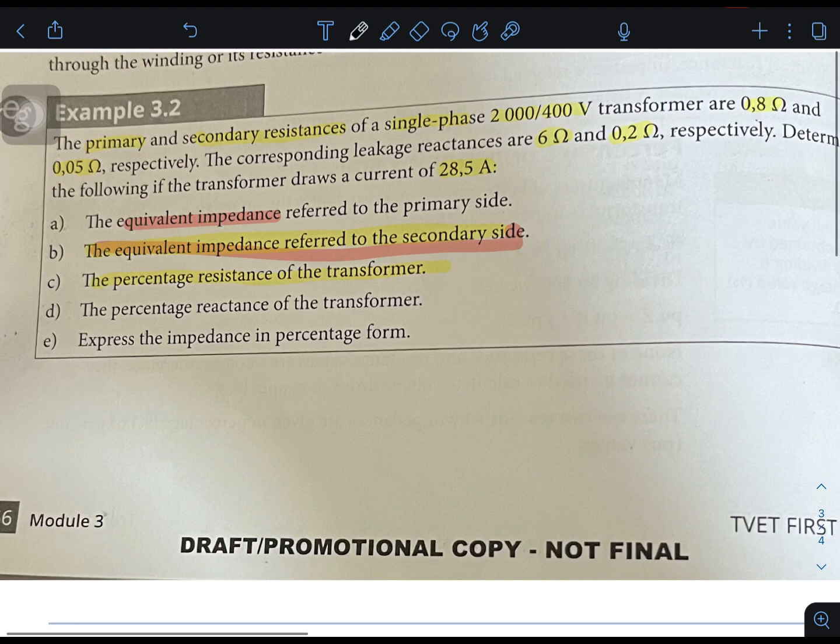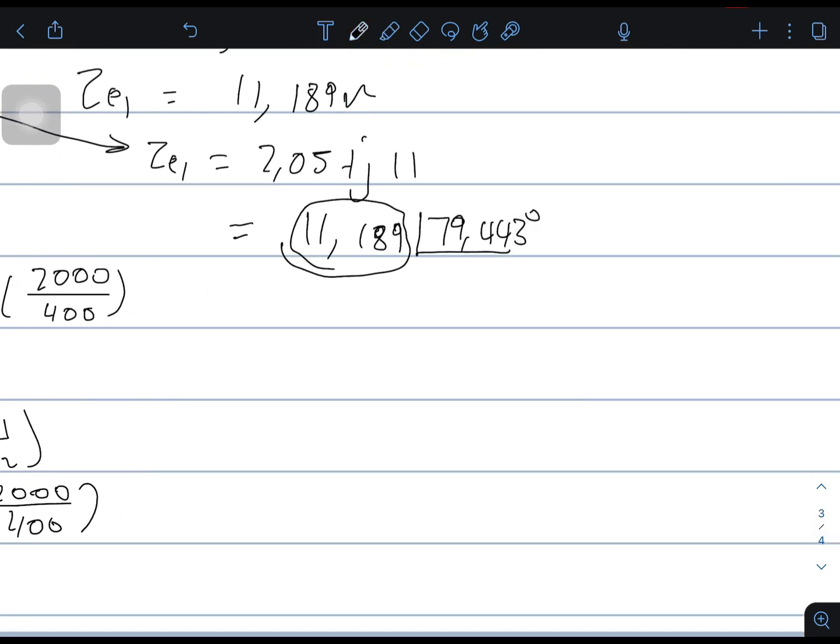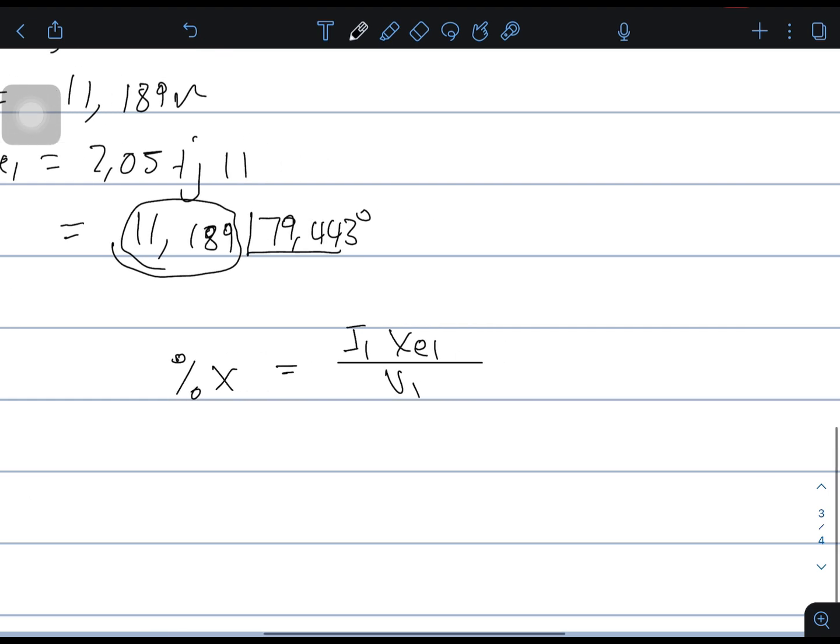Then the next question says calculate the percentage reactance of the transformer. Percentage reactance equals, let's use referring to the primary because it is shorter: I1 times XE1 over V1 times 100%.